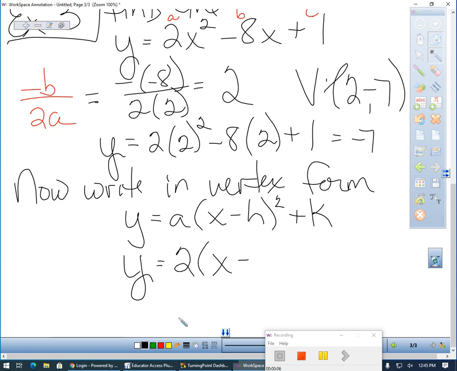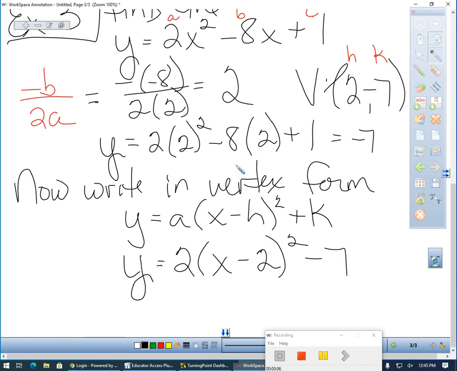X minus, what's our h value? Our h value is 2, right? Squared, and then what's our k value? Negative 7. So just to remind you, I'm going to put it up here. This is our h, and this is our k. So now you could even describe the translation of what was going on from standard form, right?